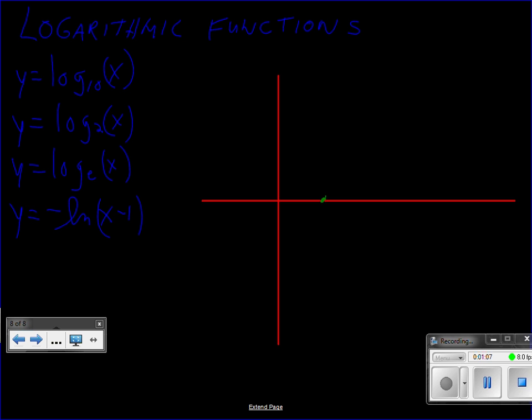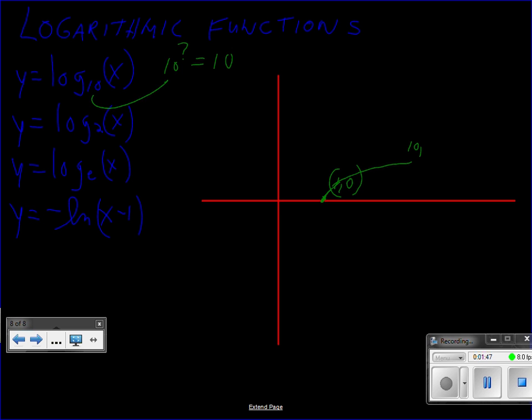The log of 1 is 0. And then as it grows up, we also know at 10, 10 to the what power is equal to 10?